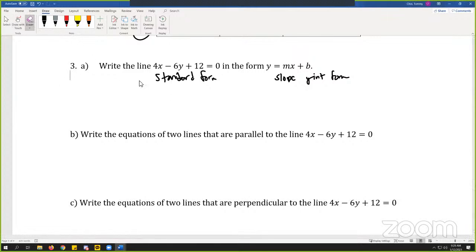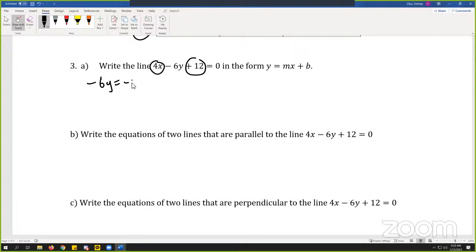So, converting from standard form to slope y-intercept form, you want to make sure that y is alone. So we're taking the 4x and the plus 12 and moving it to the other side. So we're left with negative 6y equals negative 4x minus 12. From here, we want to make sure y is alone, so we have to get rid of the minus 6.